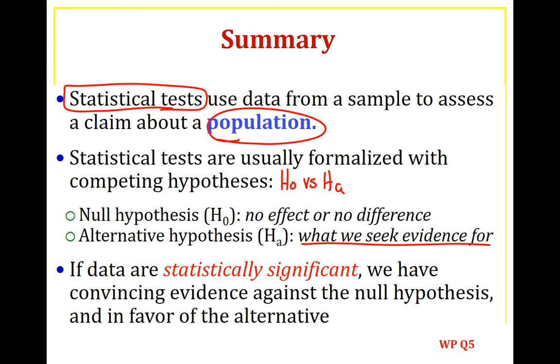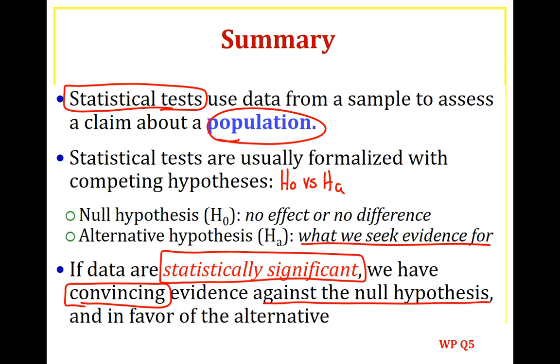If data are statistically significant, that's a word that means really unexpected, outside the curve, really far away from the middle, we have convincing evidence, we don't have proof. What we have is convincing evidence against the null, okay? We will not say for sure. We will not say that this is the way it is. We will say, I have evidence to sway you away from H sub O, and that's all we will say.